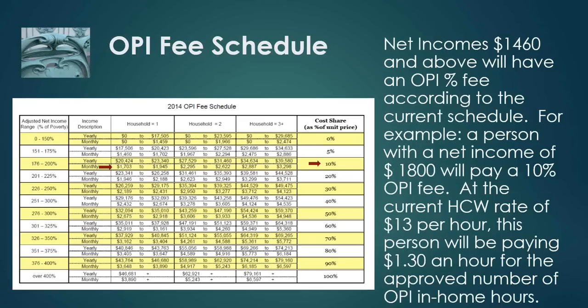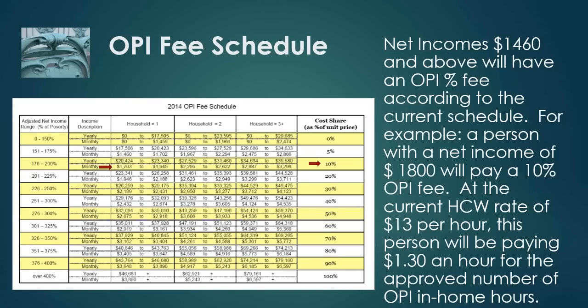If I change slides and now look at a different income, you'll see that incomes above $1,460 will have an OPI percentage fee according to the current schedule. So, for example, a person with a net income of $1,800 will pay 10% OPI fee. So those of you who use home care workers know that the current home care worker rate is $13 an hour, and this means that the person will be paying $1.30 an hour for the approved number of OPI in-home hours.